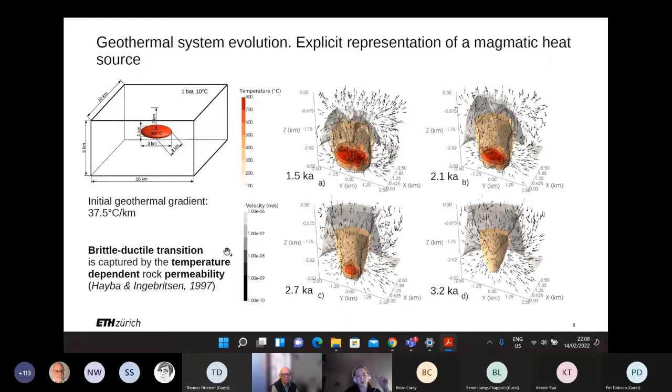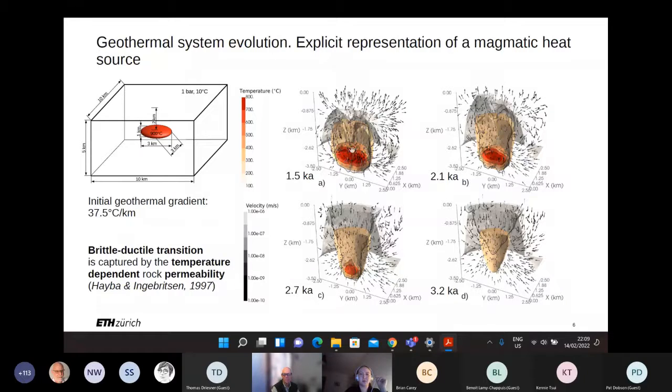And also this temperature-dependent rock permeability is a key feature in this model. And on the right, you see 4 snapshots of the geothermal system evolution. So after 1.5 thousand years, the system is in its incipient stage.